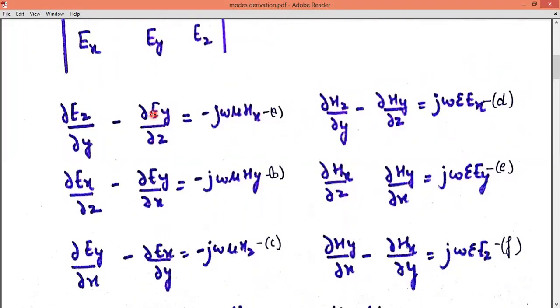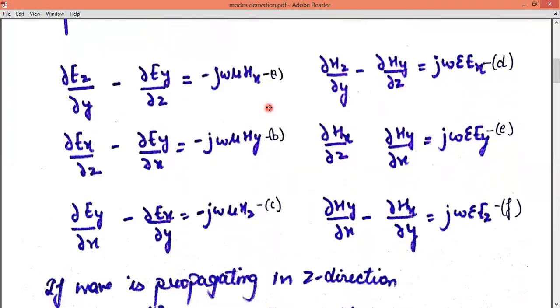See these different components, EZ, EX, EY. I told you at the start of the lecture what we are going to derive with these six components: EX, HX, EY, HY, EZ, HZ. Our aim is to write EX, HX, EY, HY, all the transverse components, in terms of EZ and HZ.